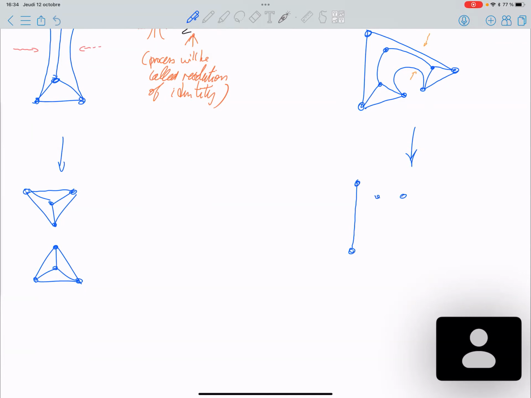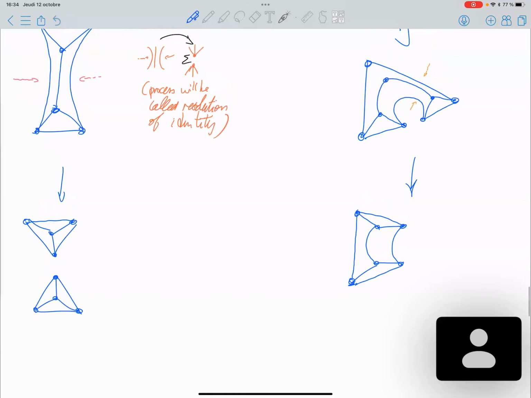So this one here, here. Okay. And so we make the resolution of identity.